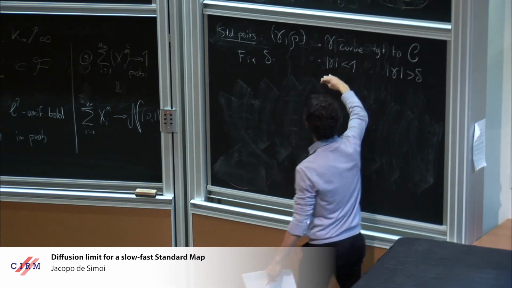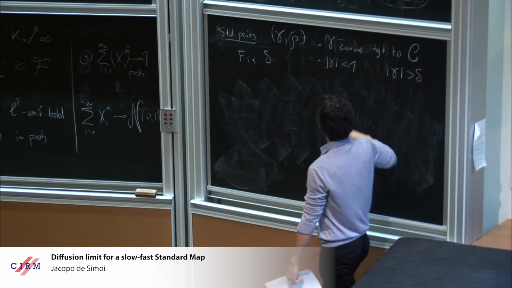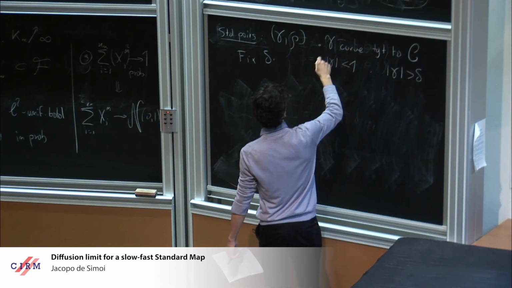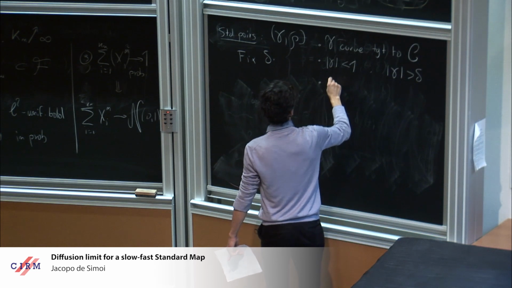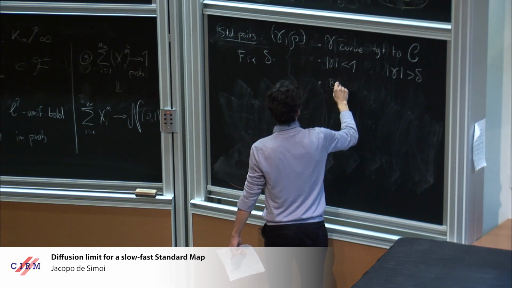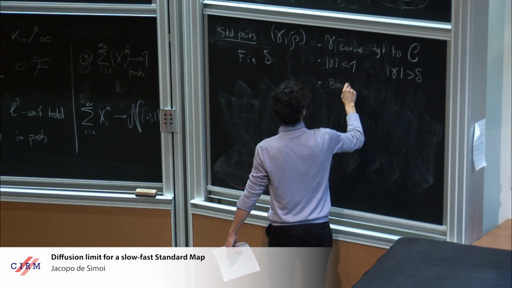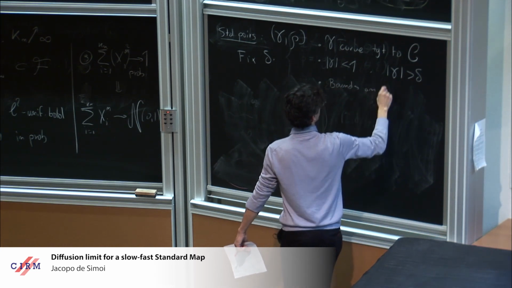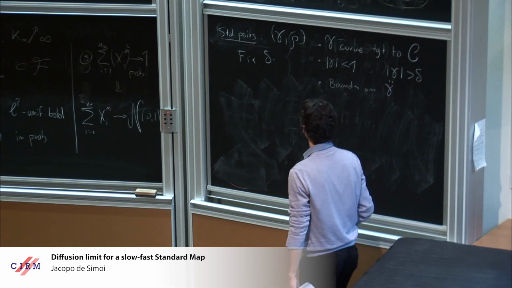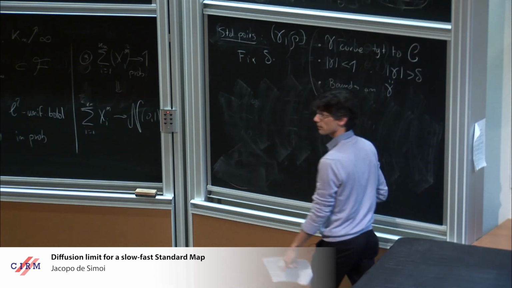So these curves are not too long and not too short. And on top of it, I also need some bounds on the curvature, which are not very important for the moment, but I want to write them down because this is the definition. So this is the first ingredient, a curve.